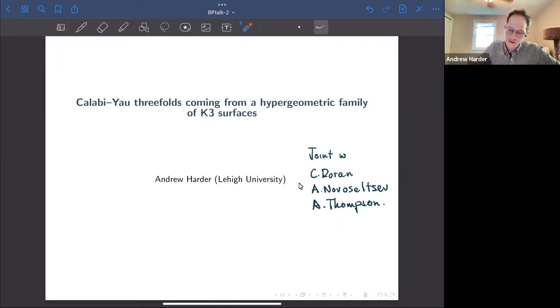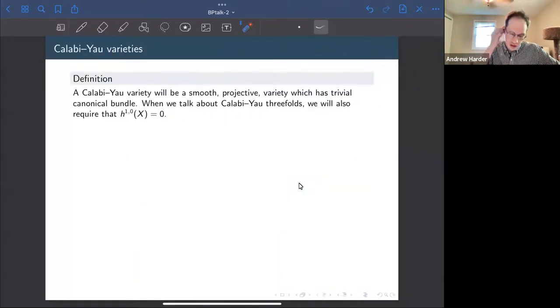Okay, so let's start with a very broad question. I want to talk about classification of Calabi-Yau threefolds to begin with. For me, a Calabi-Yau variety will be a smooth projective variety with trivial canonical bundle, full stop. That'll be my general working definition.